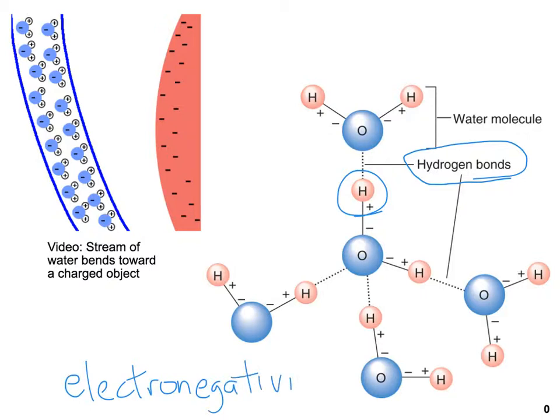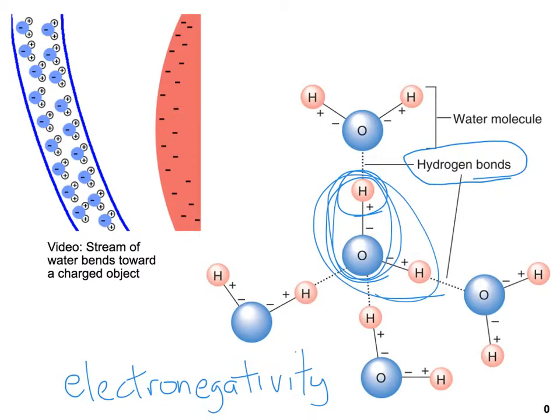And when an atom has an especially strong attraction for shared electrons, like the oxygen atom does in the water molecule, we would say that it's very or highly electronegative. And so in this bond between the hydrogen atom and the oxygen atom in this water molecule, the electrons are not being shared equally.